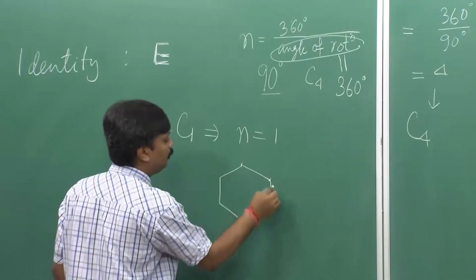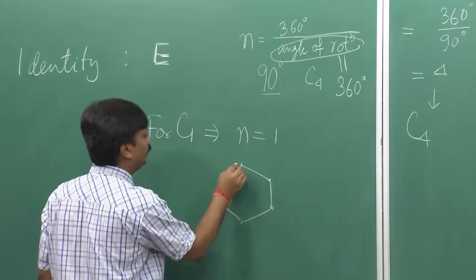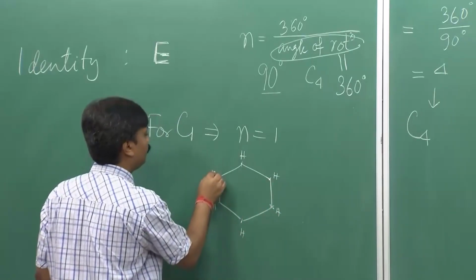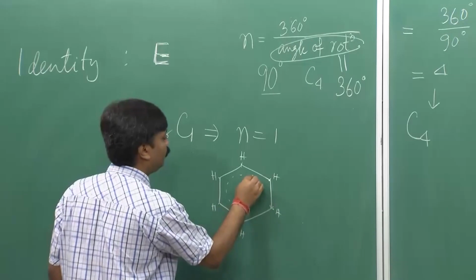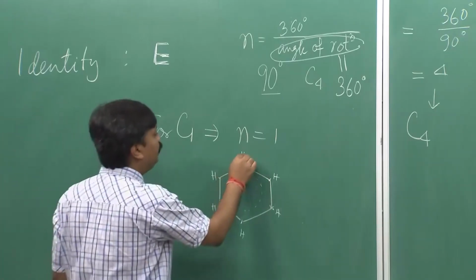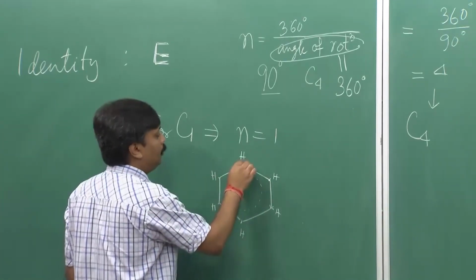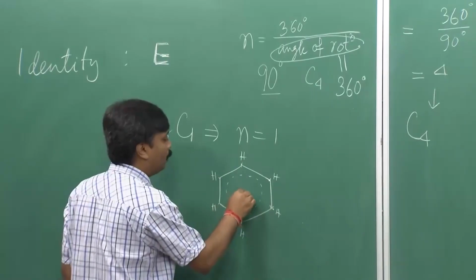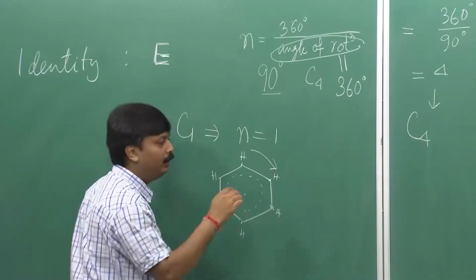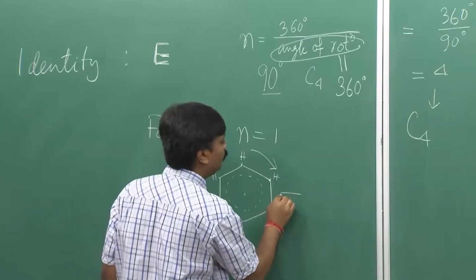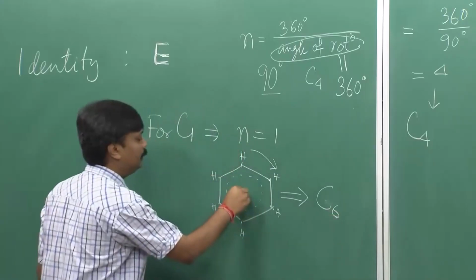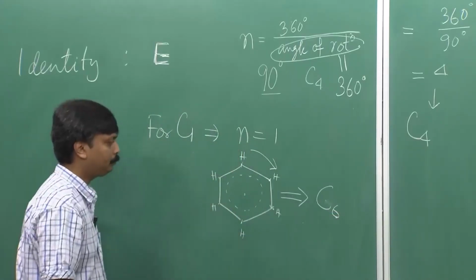So this is the position of the carbon atoms and the associated hydrogens, and if I assume equal distribution of the pi cloud, then I can have an equivalent or indistinguishable structure for every 60 degree rotation about the axis which passes through this point, right? So every 60 degrees I can have the indistinguishable structure, and we can have for this one an axis C6, and this particular axis is C6, right?